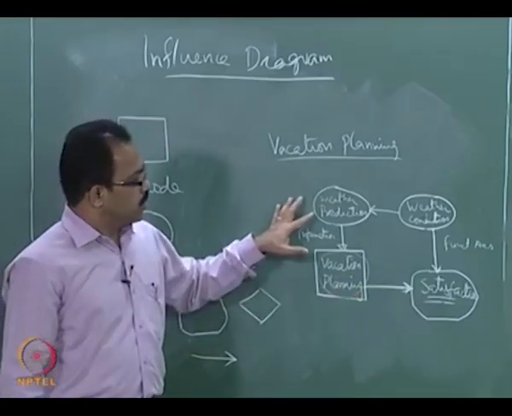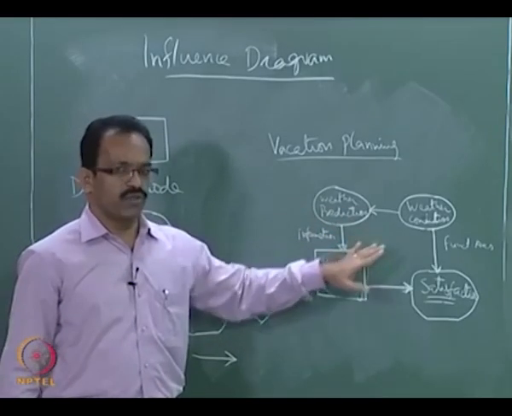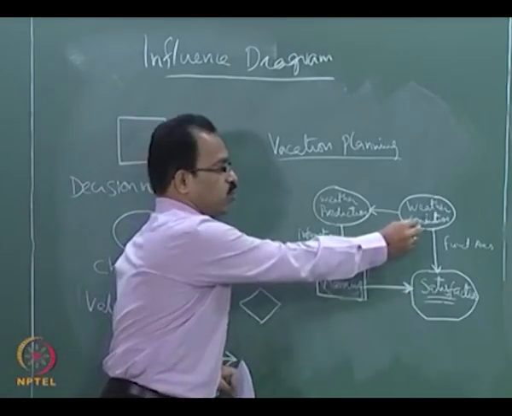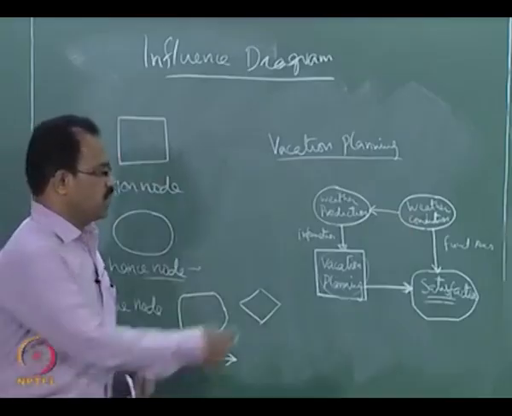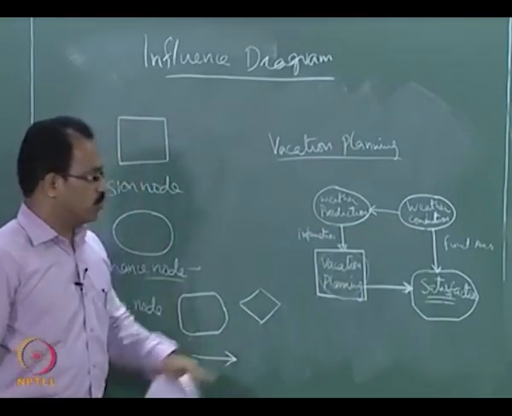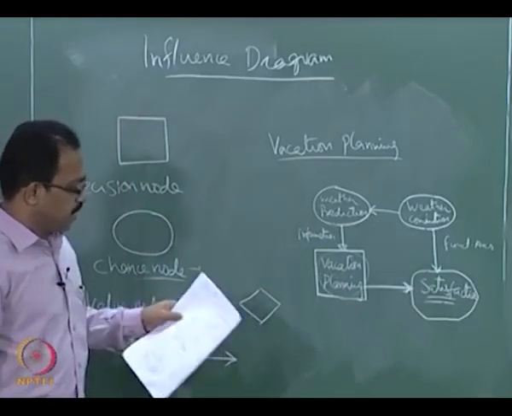So this kind of simple diagram can be used to find out the dependency of these decisions. As you can see, the vacation planning has nothing to do with the actual weather condition, that is why there are no arcs here, showing there is no relationship between the actual weather condition and the vacation planning. So that was a simple example.